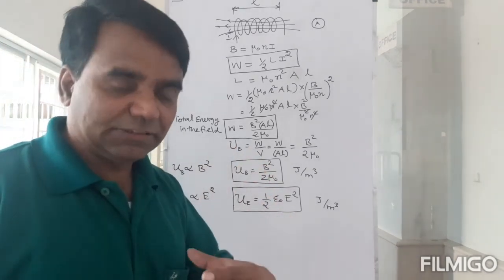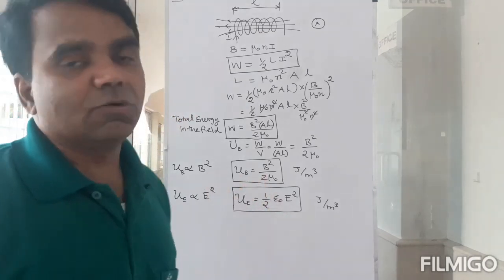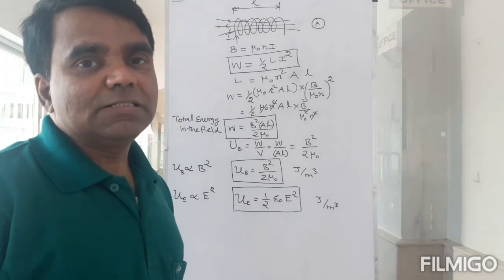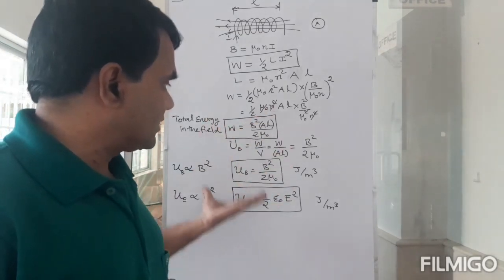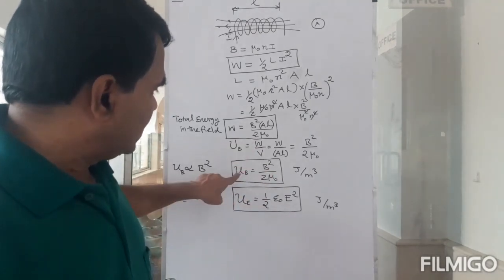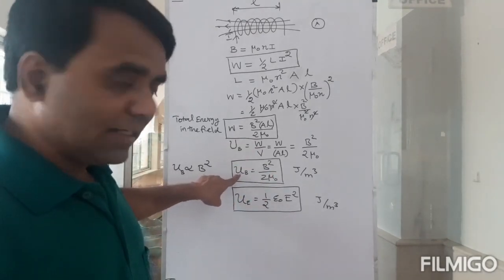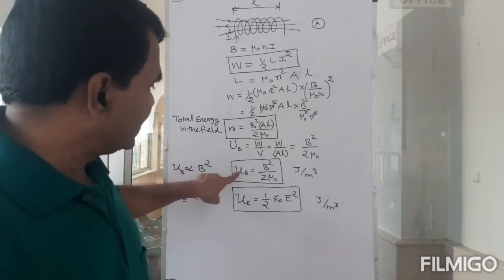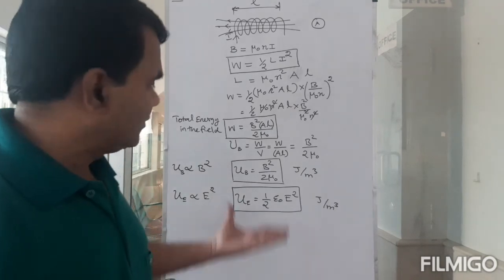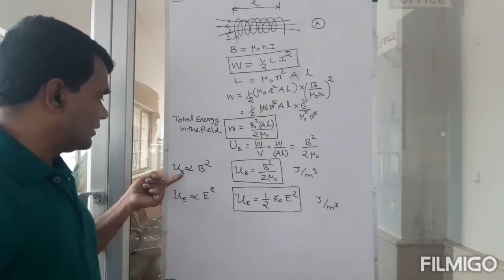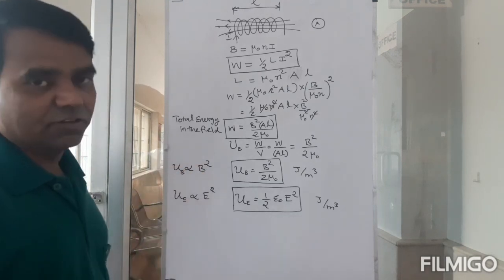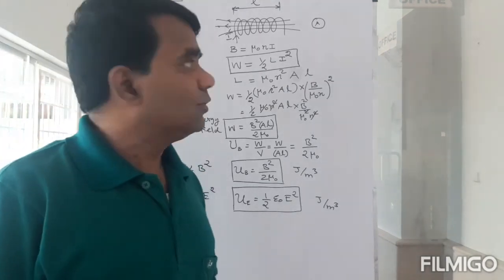Even in free space, in a particular volume, this will still hold good, even without coils or plates. So this is the comparison we have done between energy per unit volume in the magnetic field and in the electric field. In both cases, the energy per unit volume is proportional to the square of the field strength. Hope this is clear to you.